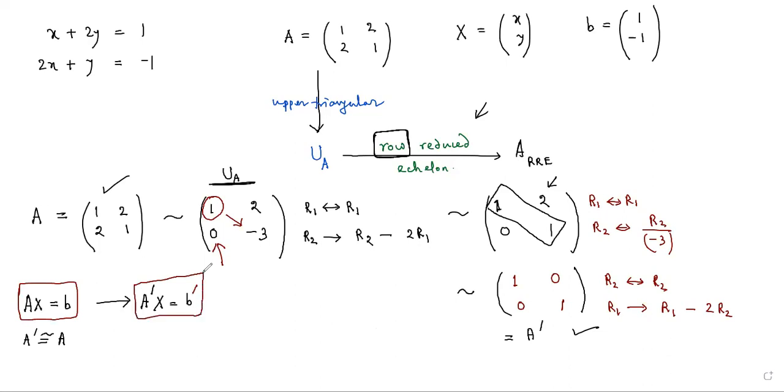I'm going to talk about that right now. It is very easy to find out. B will not remain as it is, it will change to B prime. As soon as A changes to A prime, B will change to B prime.